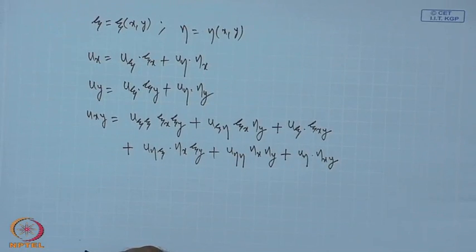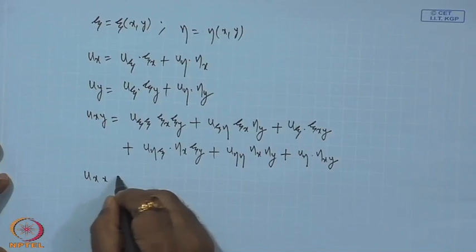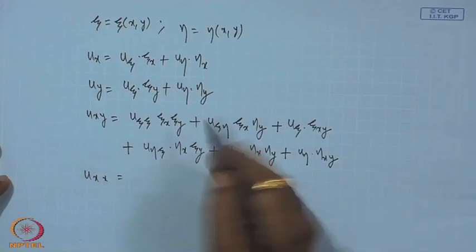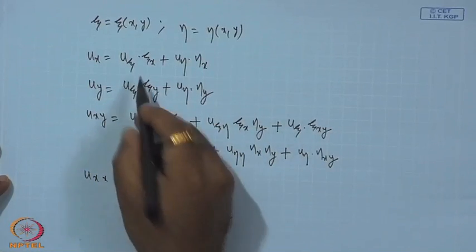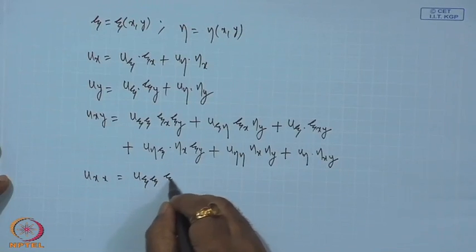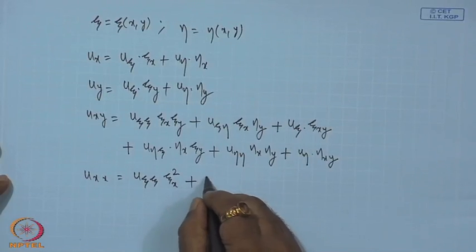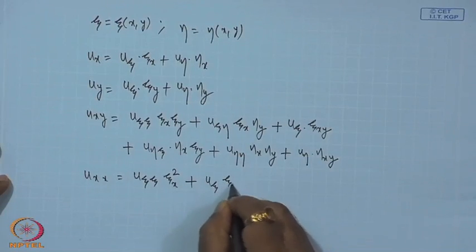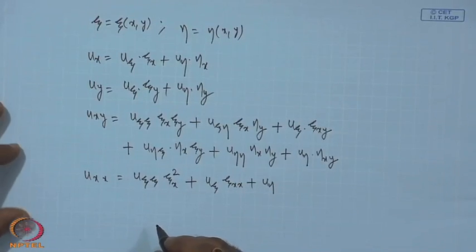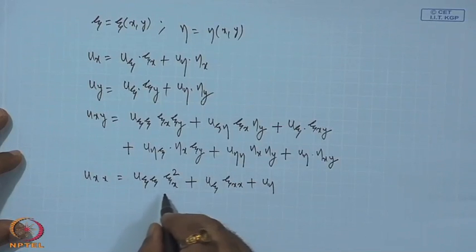Similarly uxx. For example, I can do uxx, then uyy I can leave. So this u zeta zeta zeta x square plus, so we may make a mistake, there is a chance.